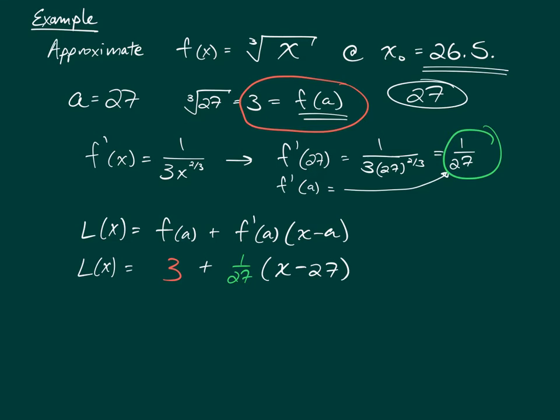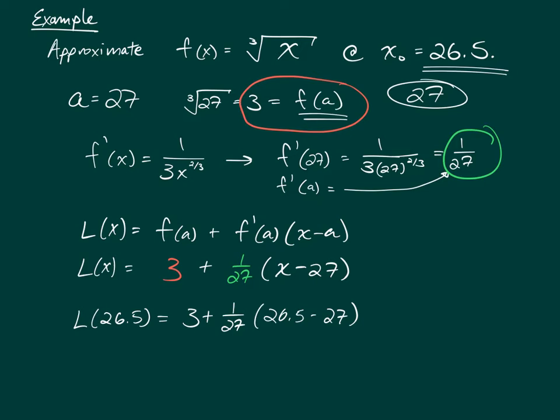How are we going to use that? Well, over here, this is what we were trying to figure out. So if we take this and substitute it in for x here, we will have a very good approximation of what the cube root of 26.5 is. So this is 3 plus 1 over 27 times 26.5 minus 27.